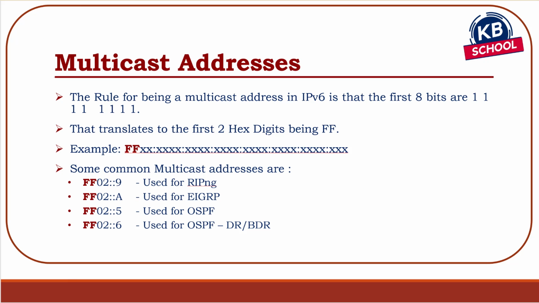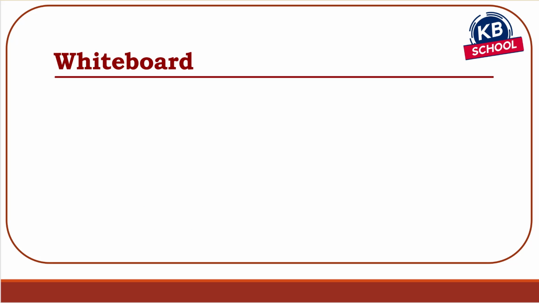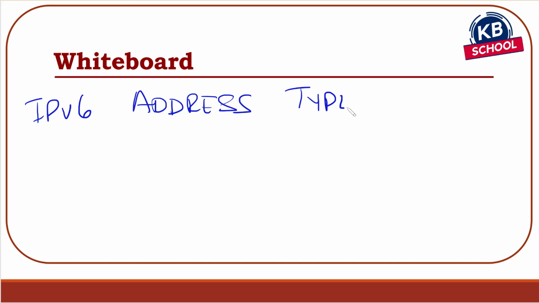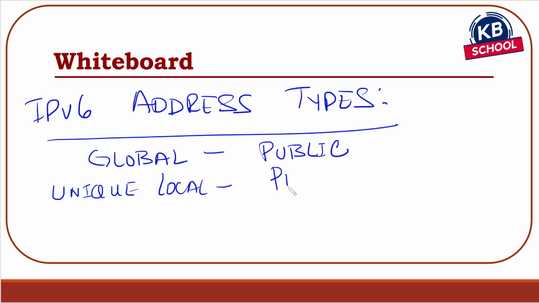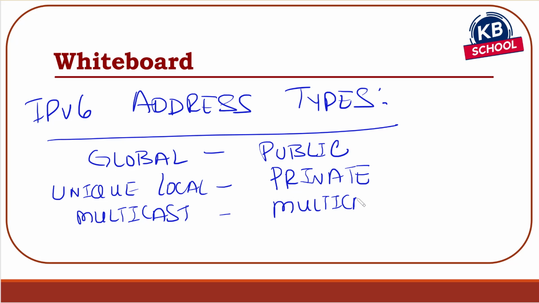So to recap, how many address types do I have in IPv6? The global unique addresses, which is like your public address. You have the unique local address, which is like your private address in IPv4. Then you have the multicast address, which is basically the same thing as your multicast address in IPv4.